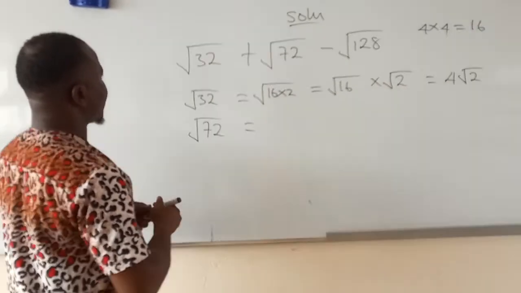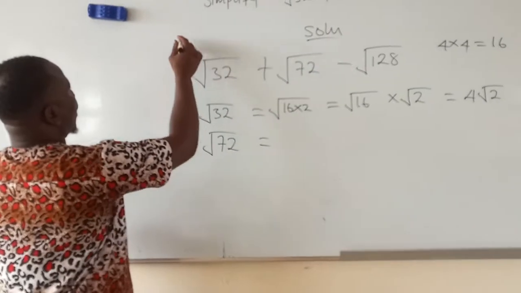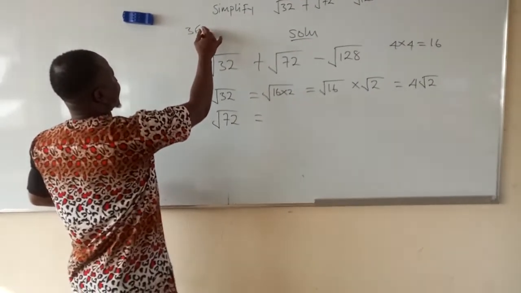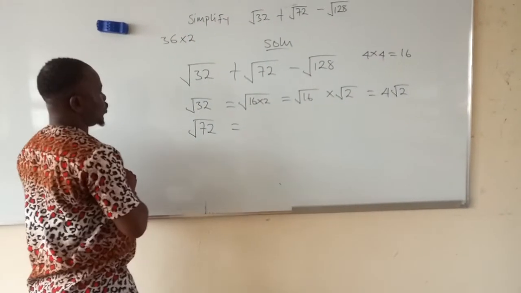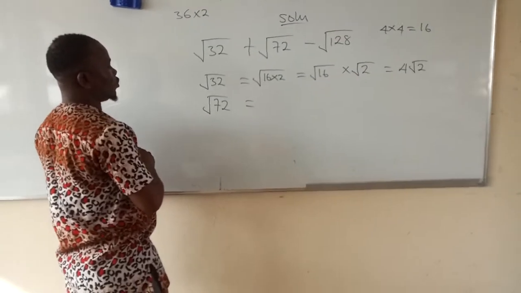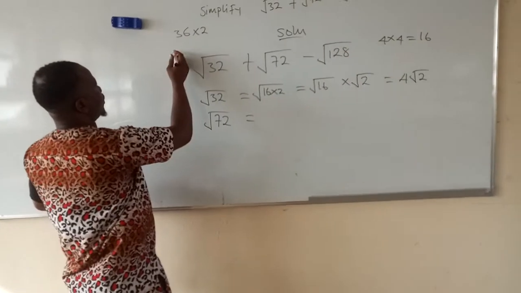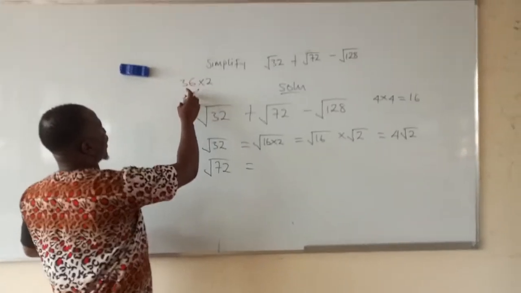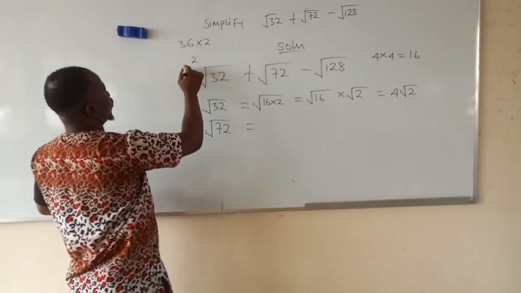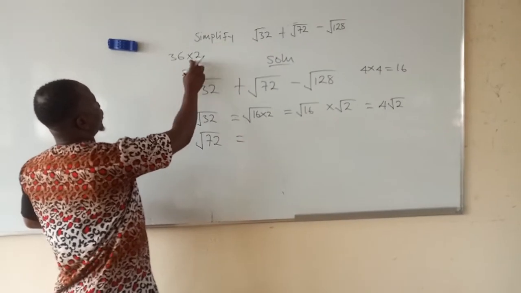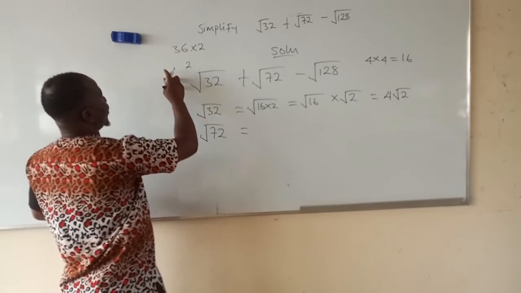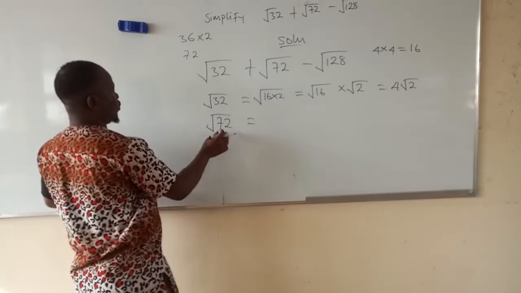And what are the numbers? We know that 36 times 2 will give us 72. True or false? Okay, let's do it this way. 2 times 6 will give us 12. Carry 1. 2 times 3 will give us 6 plus 1, 7. So 72.